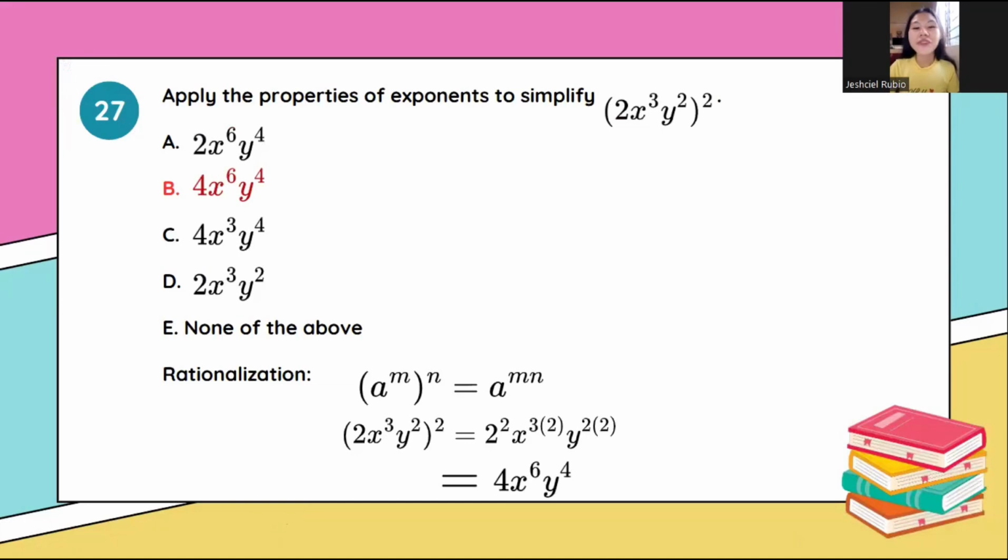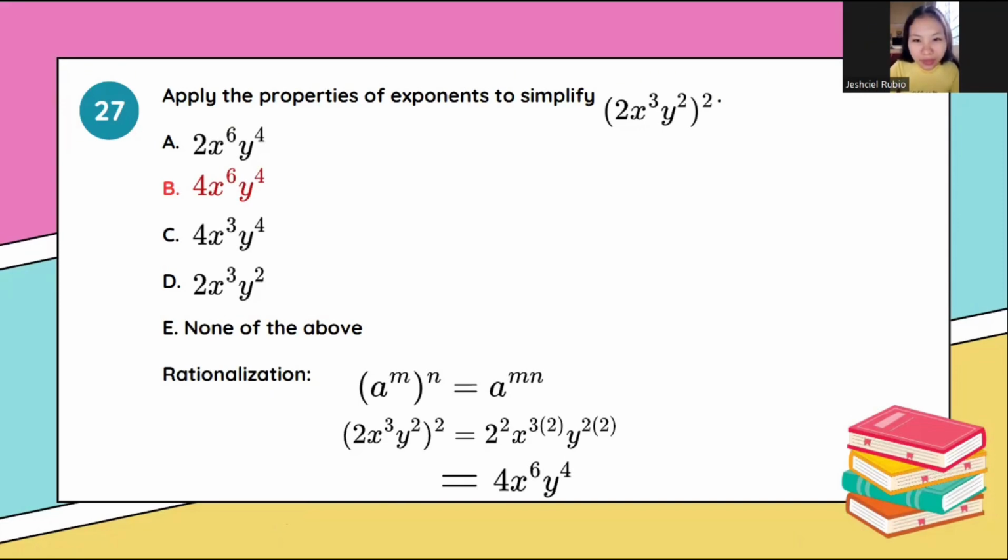So we have here letter B, 4x to the power of 6 y to the power of 4. So let's rationalize. The quantity of a^m to the power of n is equal to a^(mn).